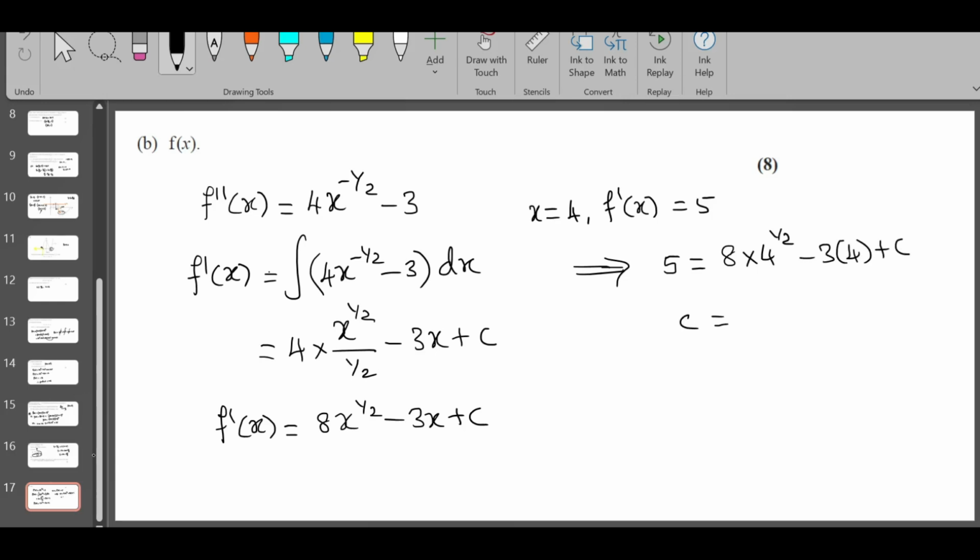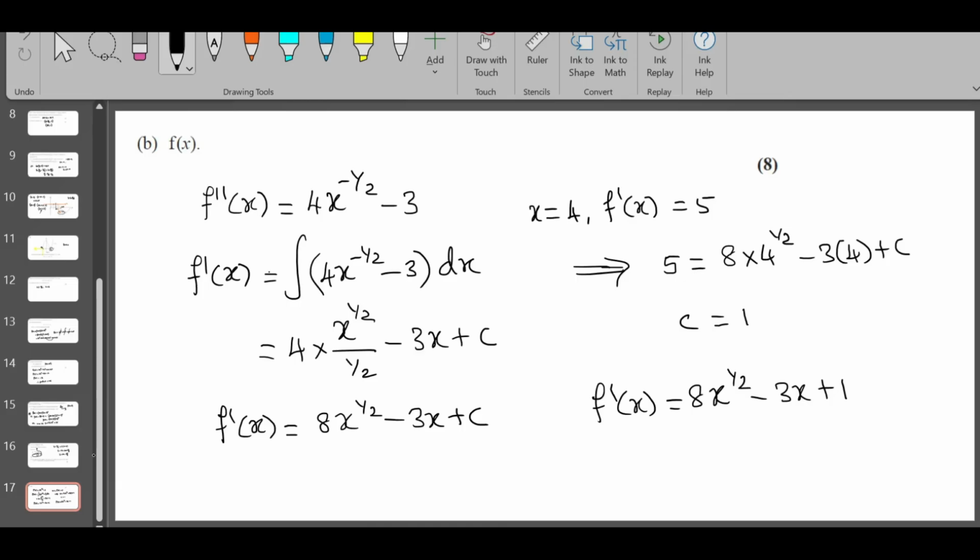So 3 4s are 12, comes here 17. And then 8 2s are 16, comes here, c is 1. So f dash of x is equal to 8x power half minus 3x plus 1.